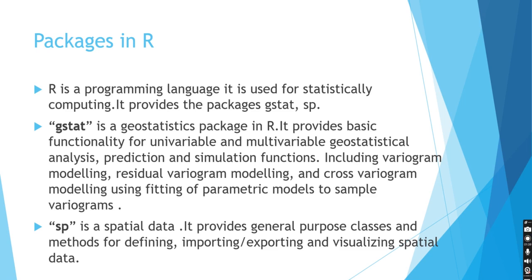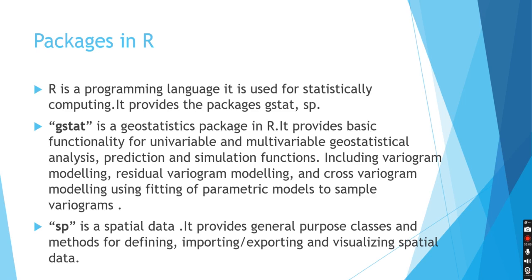These are the packages we are using in our code, in the R programming language. We have used gstat and sp. gstat is the geostatistics package in R. We have performed geostatistics based on the earth, so that's why we used the geostatistics package in R. It provides basic functionality like univariable and multivariable geostatistical analysis.